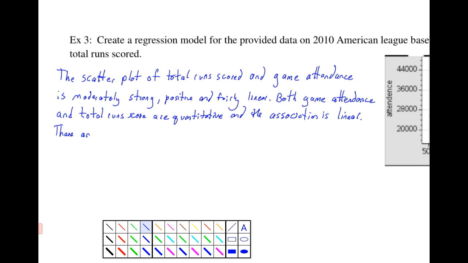There are two possible outliers, at about 510 and 680.